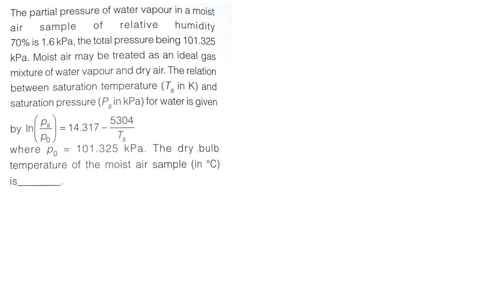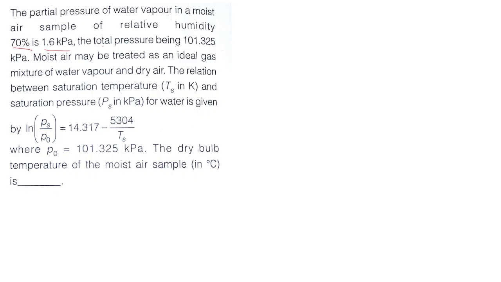Here what we have to do, I will give just a hint and then you solve. The partial pressure of water vapor in a moist air sample of relative humidity 70% is 1.6 kilopascal. So here PV is given, right? Partial vapor pressure of water vapor in moist air.